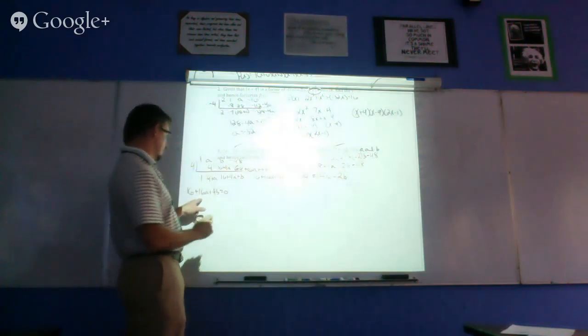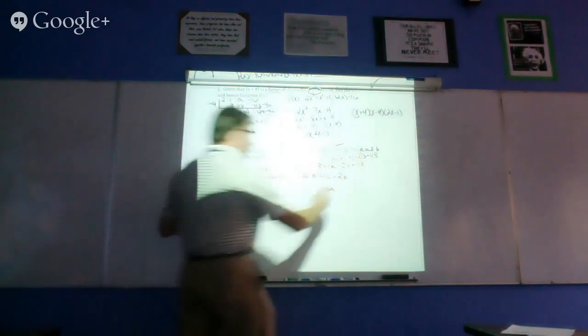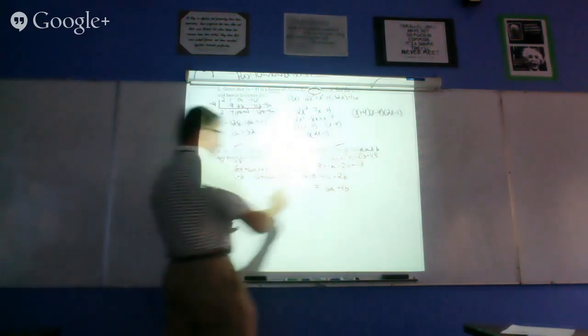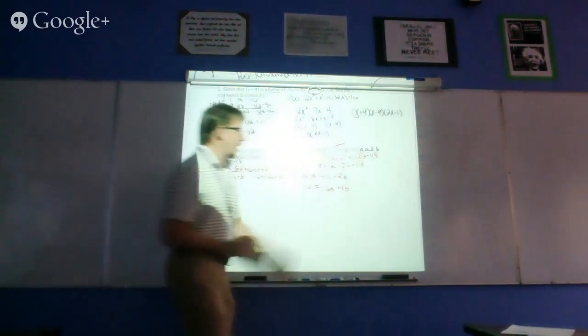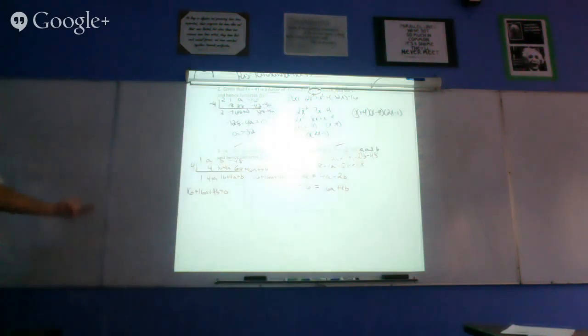And then this one is going to be 16A plus 4B, equal to -16. So now we've got the A's, the B's, and the constants lined up. Now what?